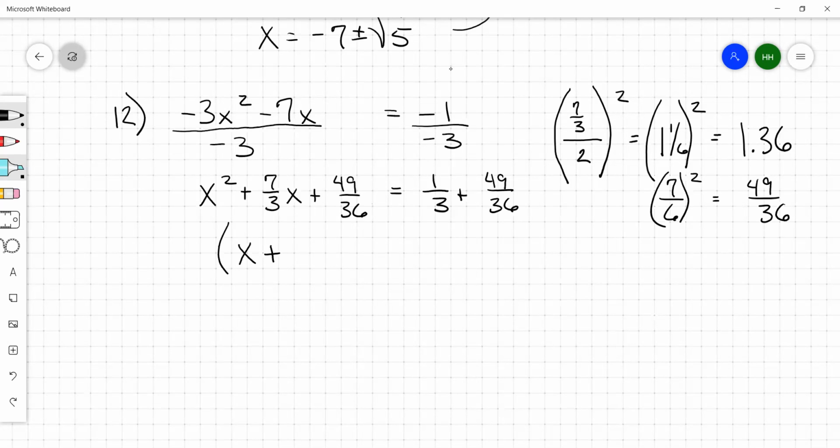This factor here is 7/6. On the right-hand side, you got 1/3 plus 49/36. 1 25/36, or 61/36.